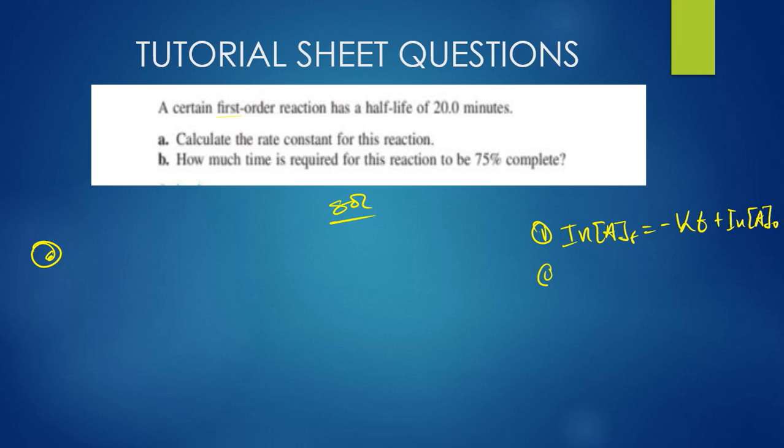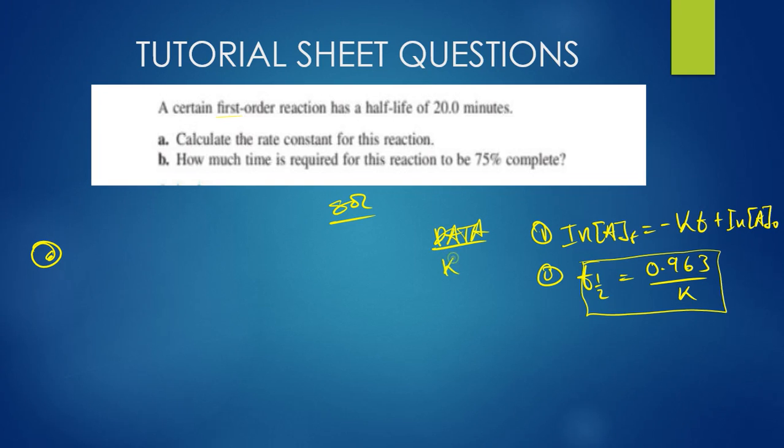And then I showed you the half-life, which is like that, 0.693 over k. Here we can use this second one because it's asking us to find the rate constant k. So on your data, k is the one you are asked to find, and then you have the time, which is 20 minutes.